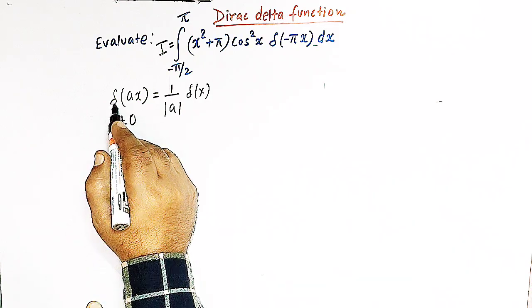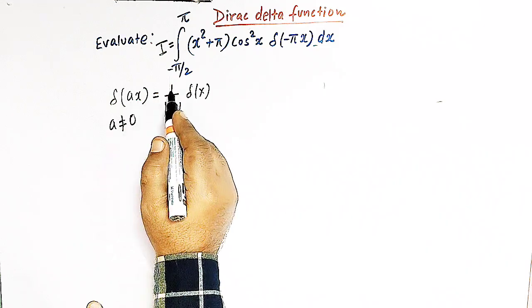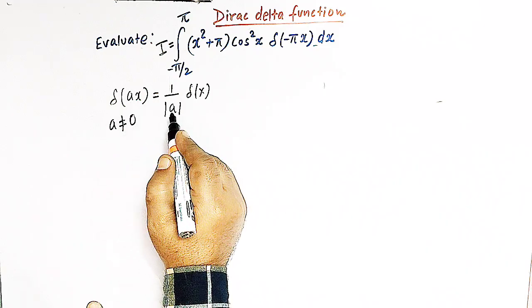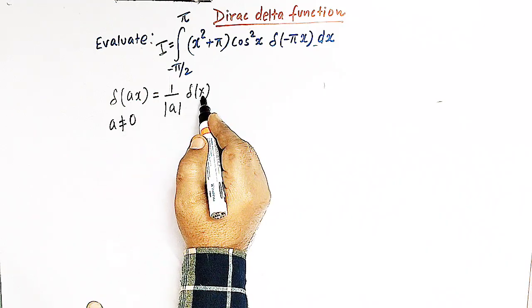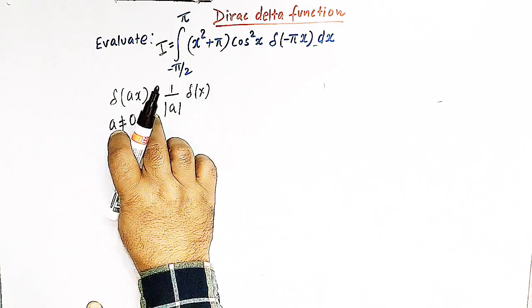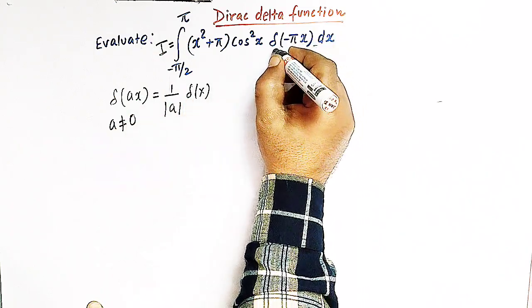So we have delta of ax is equal to 1 over mod of a and delta x.